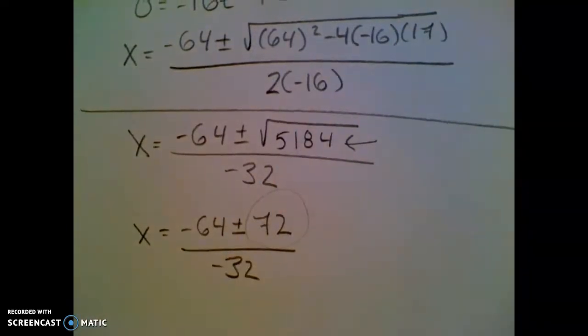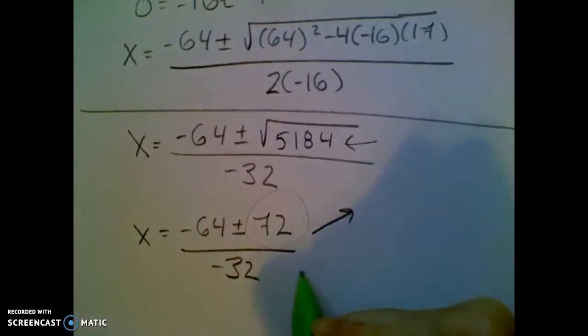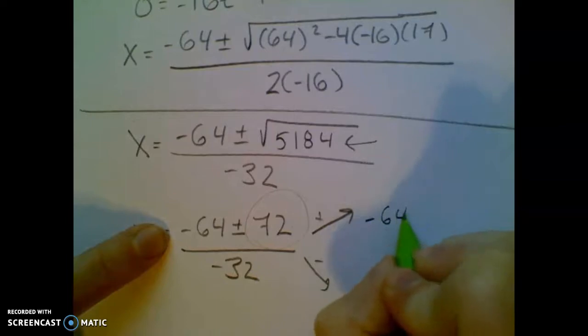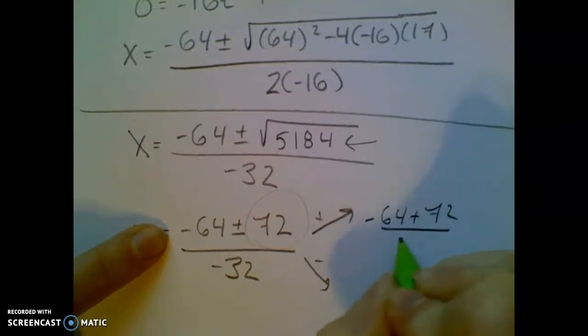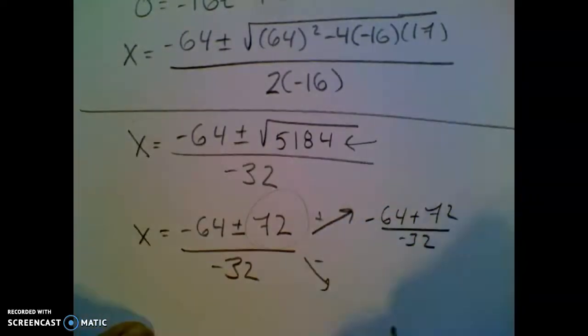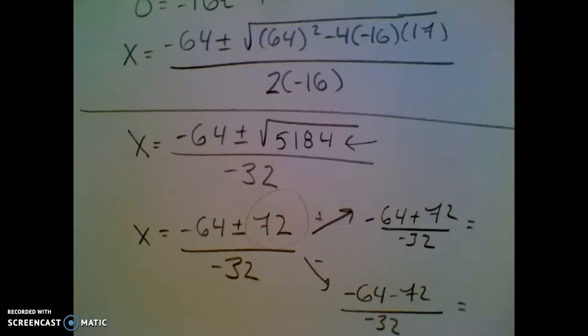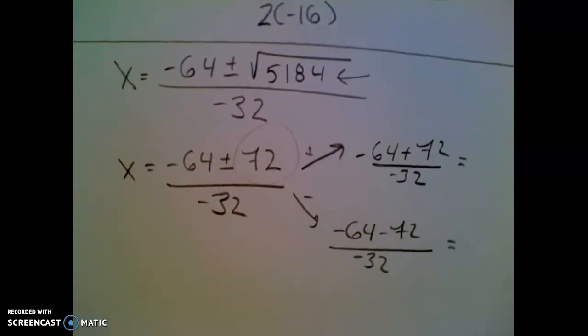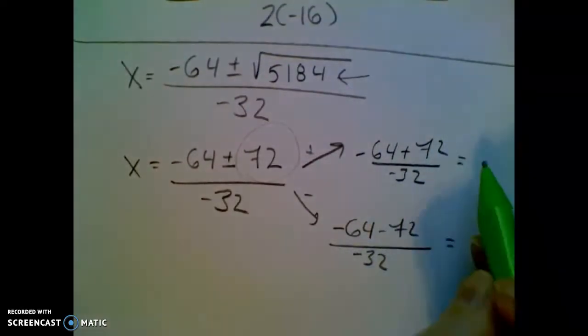All right, and then we are going to do our positive route and our negative route. Positive route, we're going to keep the plus sign. Negative route, we keep the negative sign. Okay. All right, when you do that, you're going to get positive 8 over negative 32.